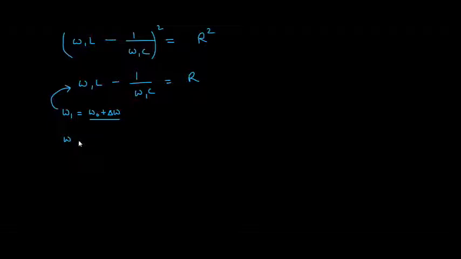So omega naught plus delta omega times L minus 1 by omega naught plus delta omega times C is equal to R.